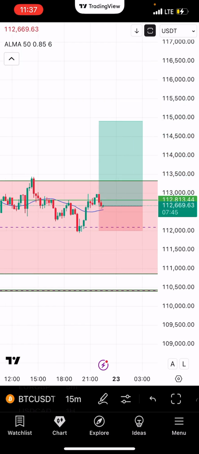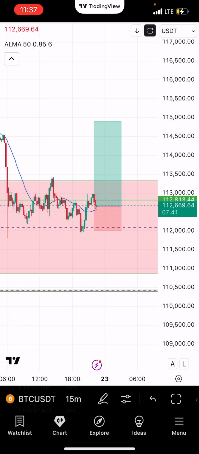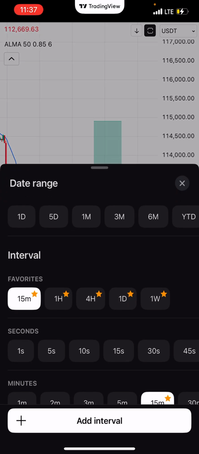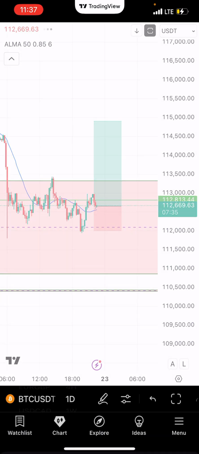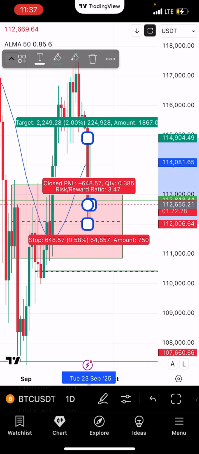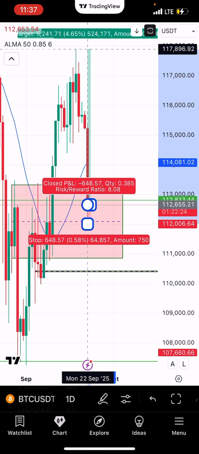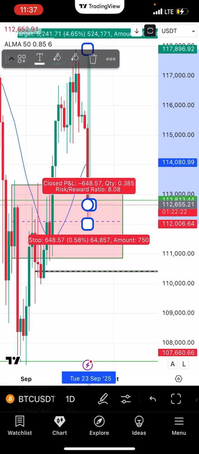Then my take profit, I'm taking it up. But I can't decide the take profit from here, because this is a rundown analysis. I need to go back to my 1 week time frame to know the exact point. My take profit TP1 should be somewhere here, 117,800.